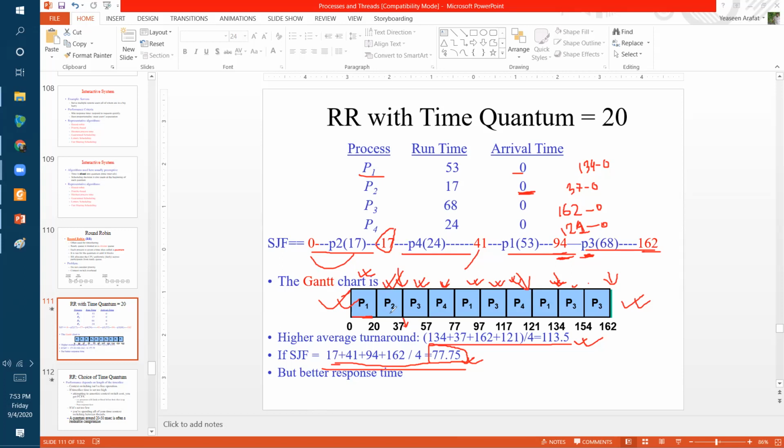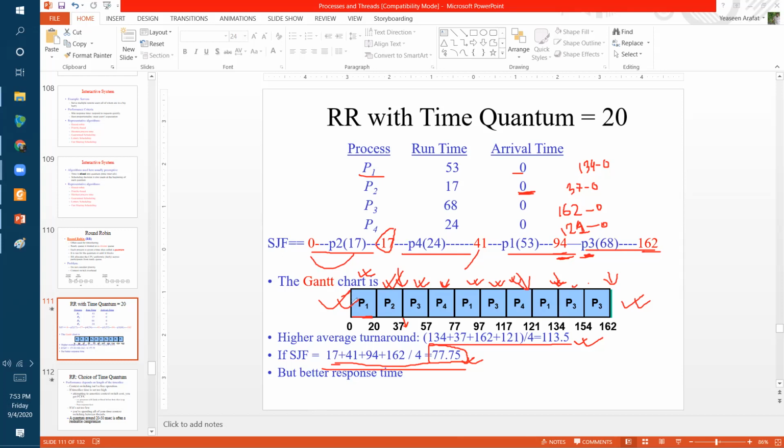So when it comes to interactive systems, the round robin algorithm is very good, because the main performance metric is minimum response time.